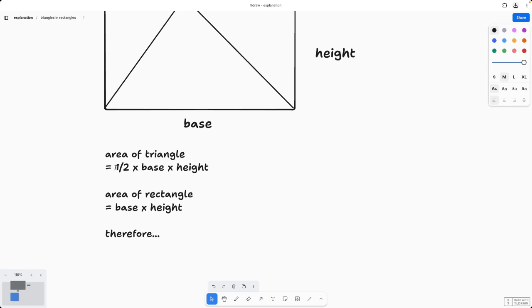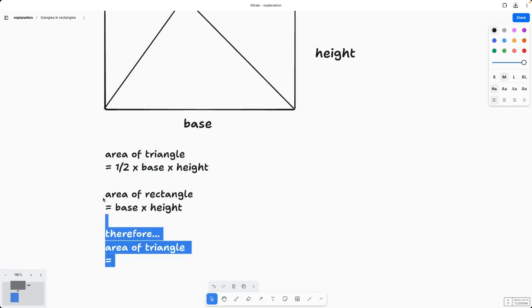Since we have base times height over here, the area of the rectangle is basically equal to base times height, and since this is half base times height, that means the area of the triangle.